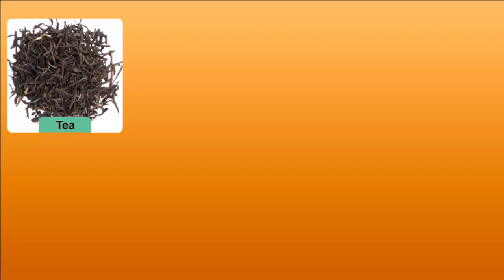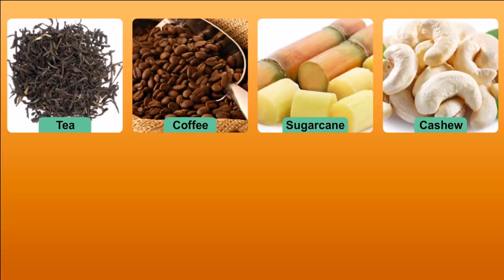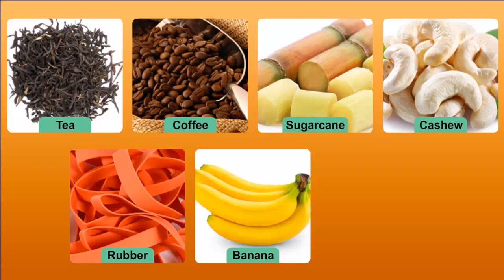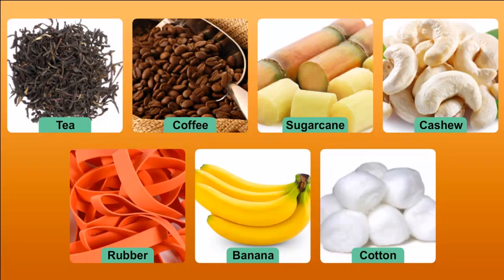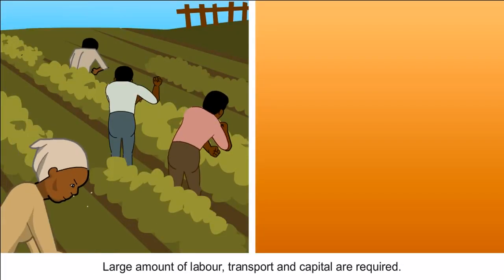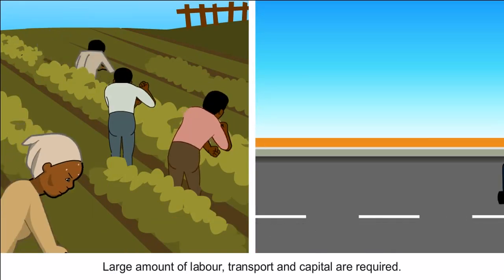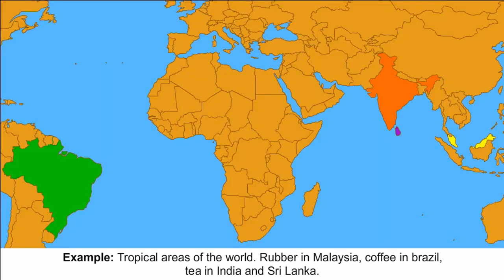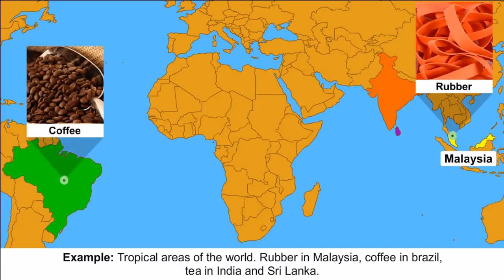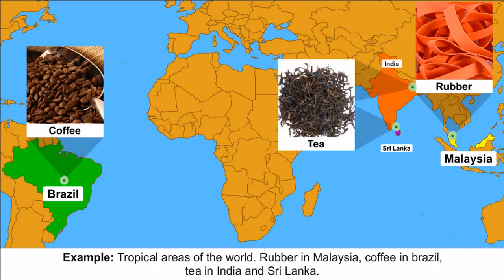Example: tea, coffee, sugarcane, cashew, rubber, banana or cotton are grown. Large amount of labor, transport and capital are required. Example: tropical areas of the world: rubber in Malaysia, coffee in Brazil, tea in India and Sri Lanka.